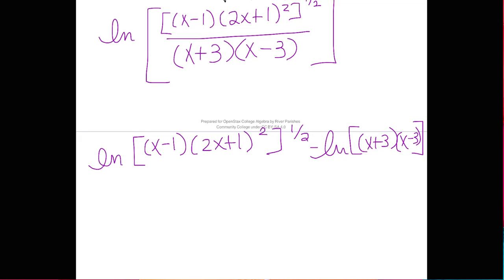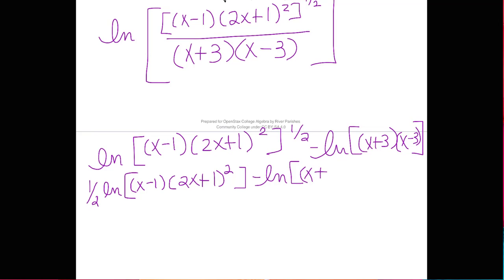Okay, so now we can take this 1/2 and move it in front of the ln using the power rule of logs. So this would be 1/2 ln of (x minus 1) times (2x plus 1) squared, minus natural log of (x plus 3)(x minus 3).